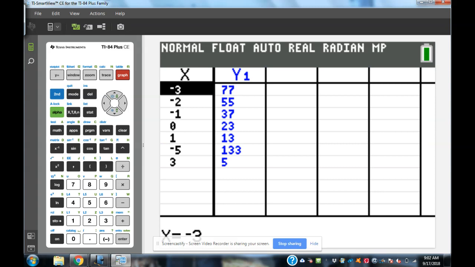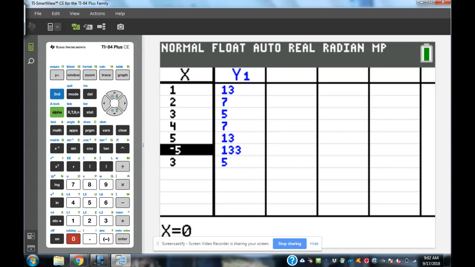Second table. And I need 1, 2, 3, 4, and 5. I'm also going to check 0 to make sure I got that number right. So there I have my table, 13, 7, 5, 7, 13.